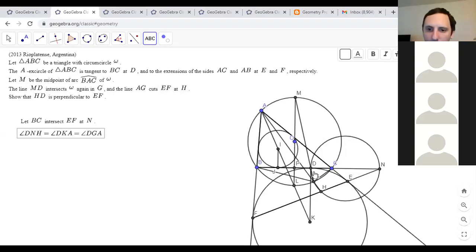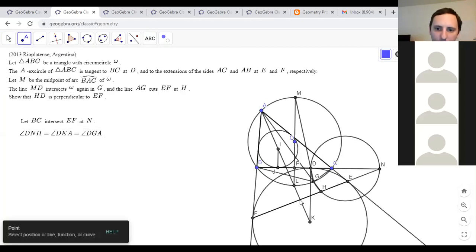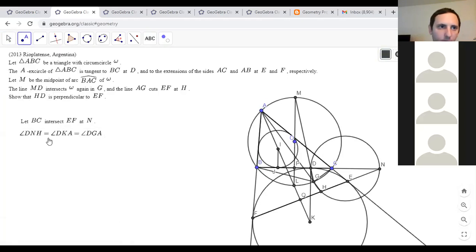Do we have a nicer proof than Ceva's theorem for the intersection of three lines? Because AK is perpendicular to EF, I'll just label this point right here. Hold on just a sec.